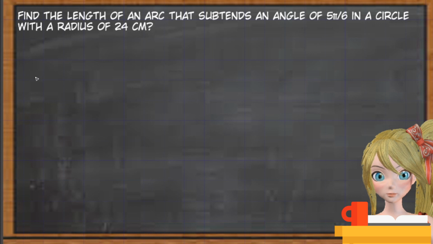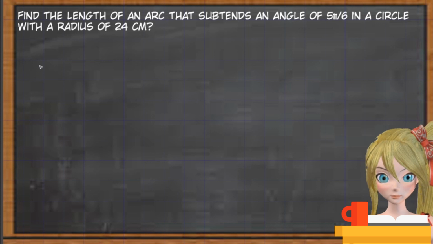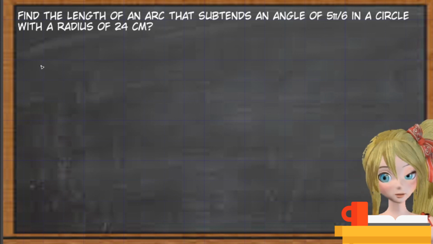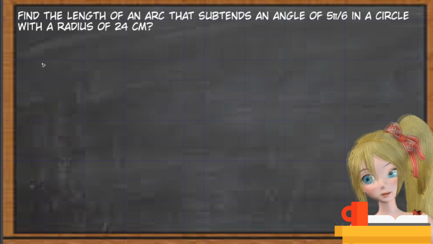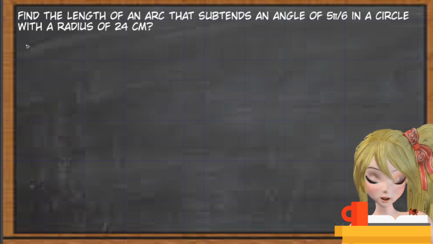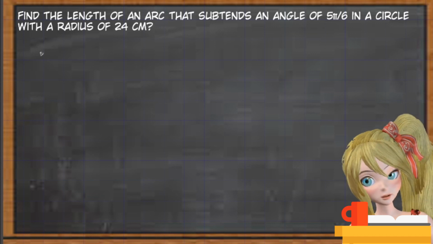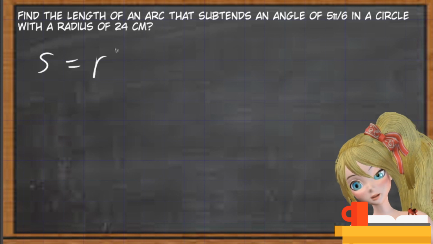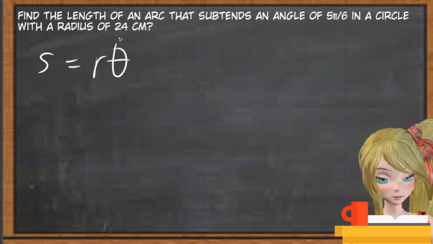First problem. We first gotta find the length of an arc that subtends an angle of 5 pi over 6 in a circle with a radius of 24 centimeters. It's actually pretty easy to do if you know the formula, which is s, the arc length, equals the radius multiplied by the angle, theta.